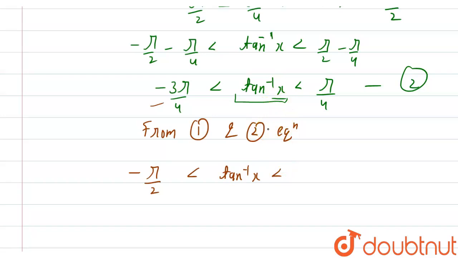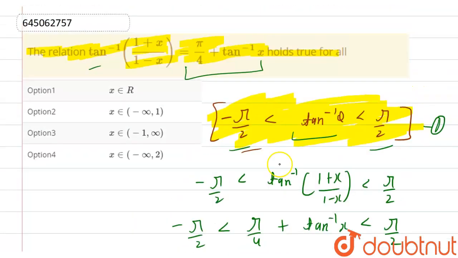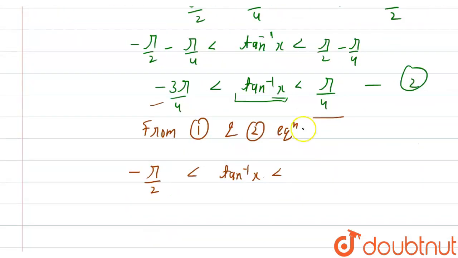Now another thing, let's talk about the maximum value. Here the maximum value is given as pi by 4 and here the maximum value is given as pi by 2. So for the maximum value we will take pi by 4, because between pi by 4 and pi by 2, pi by 4 is smaller.